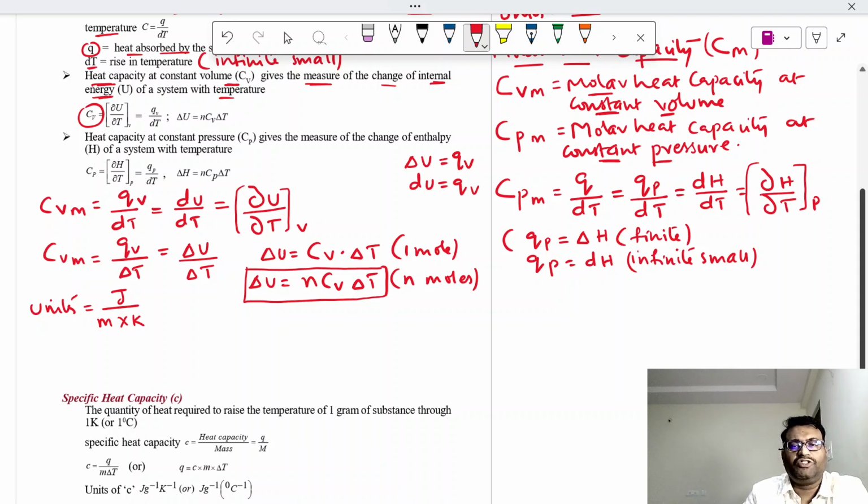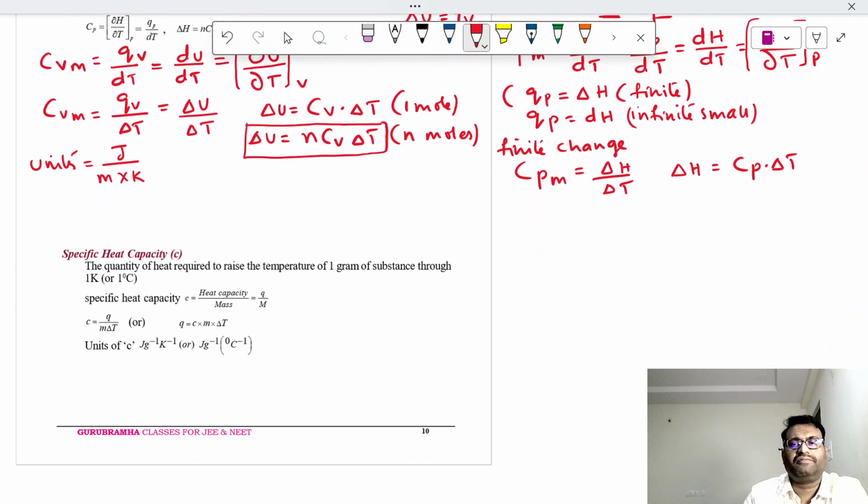So for finite change, I can write Cpm is equal to delta H by delta T. I am not mentioning M here. So from this I can write delta H is equal to Cp into delta T. So this is for 1 mole.